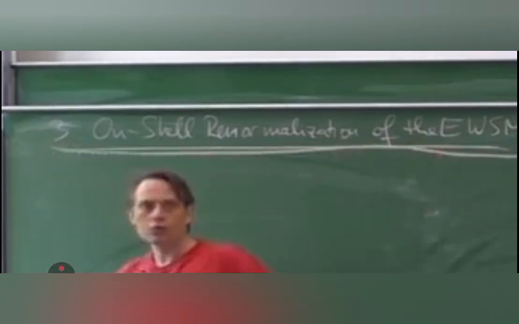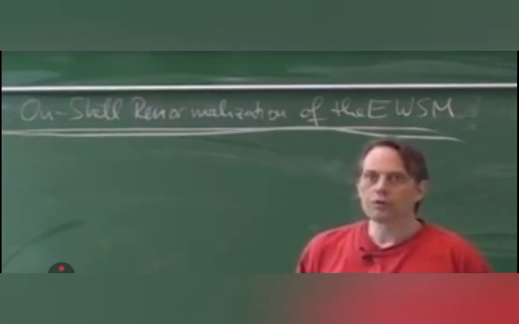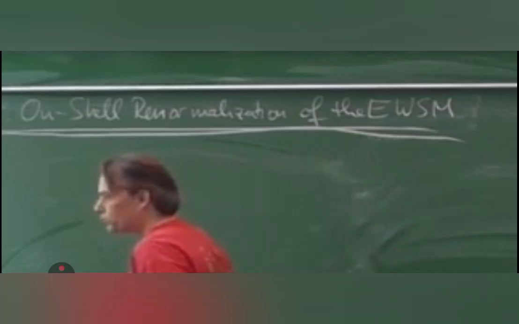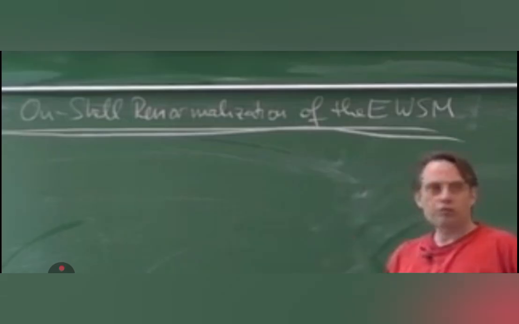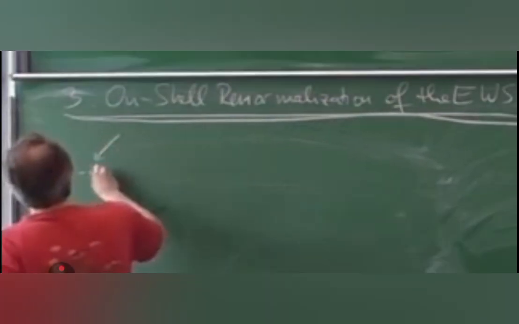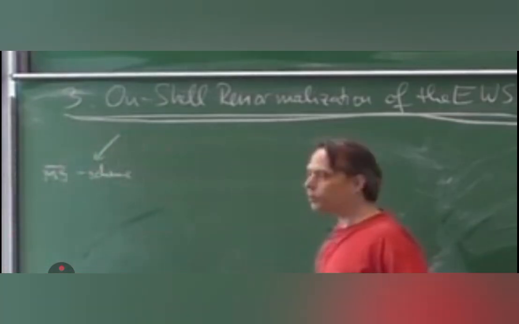Let us discuss the on-shell renormalization of the electroweak standard model. And let me start with a few remarks. In general, there are two big important general renormalization schemes which can be applied in practice. One scheme which is very frequently used is the so-called MS-bar scheme, minimal subtraction.